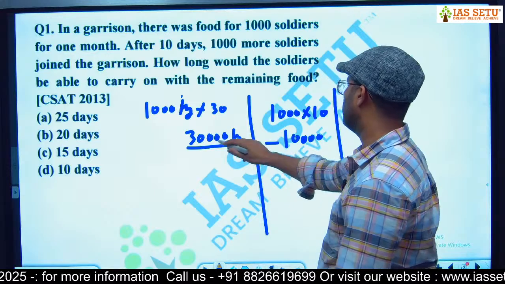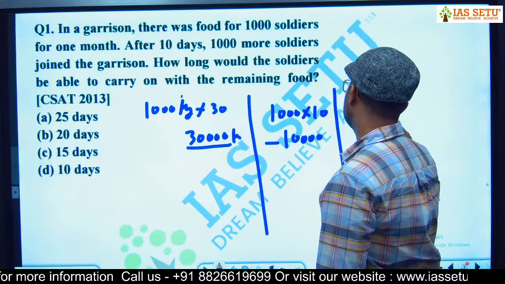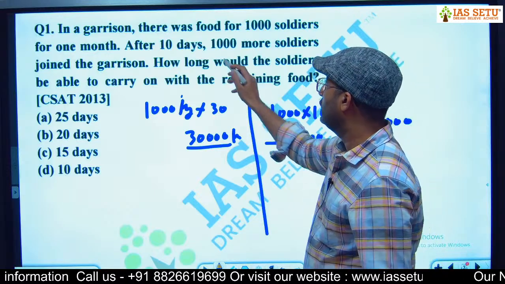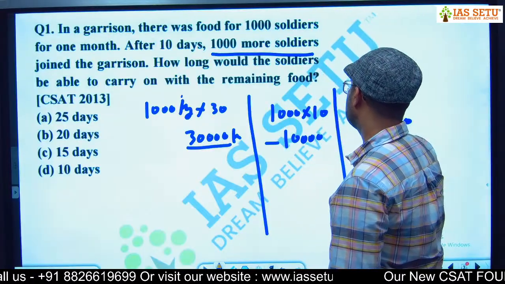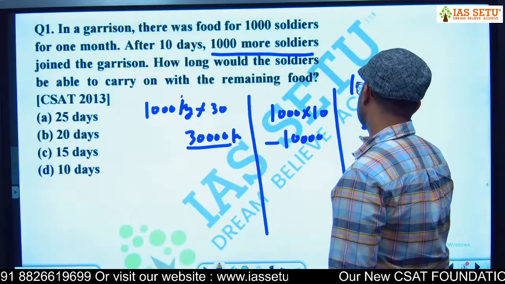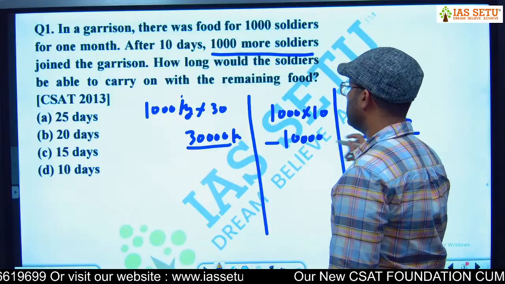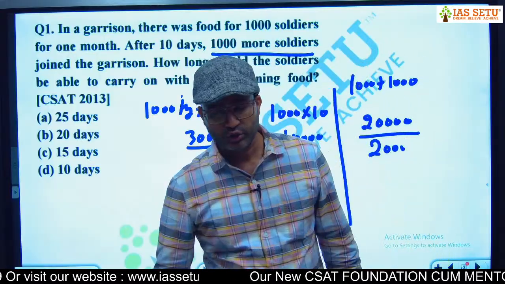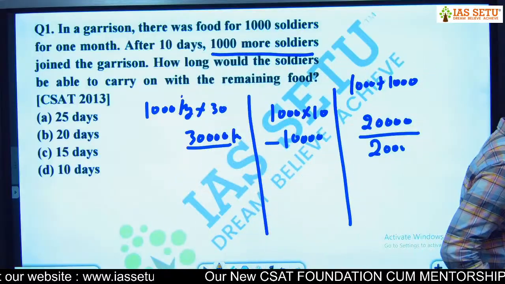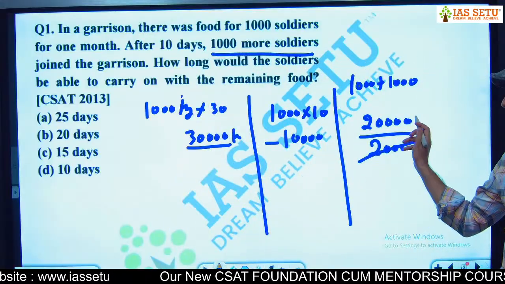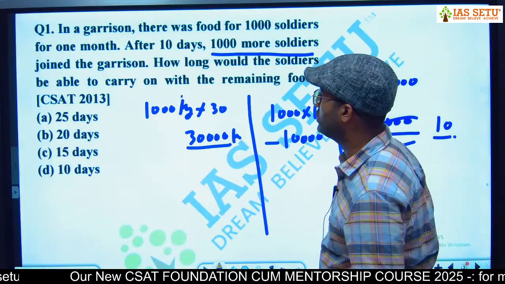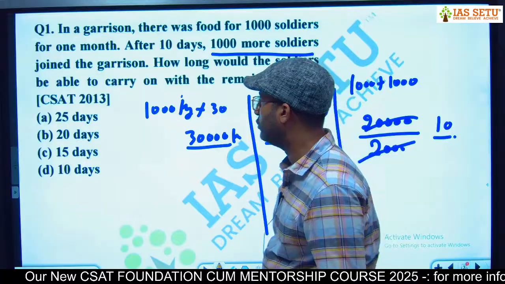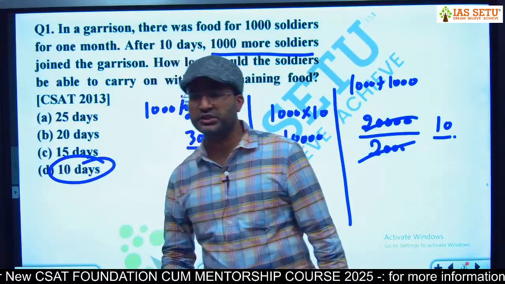What is the remaining food? 30,000 minus 10,000, 20,000 is the remaining food now. 1,000 more soldiers joined, so earlier 1,000, now 2,000 soldiers. 2,000 soldiers daily consume 1 kg each, so they will consume 2,000 kg. So 20,000 divided by 2,000, the answer is 10 more days. Answer is D.